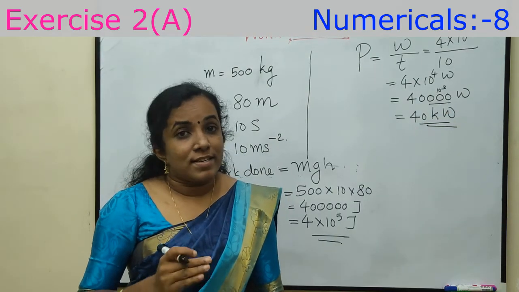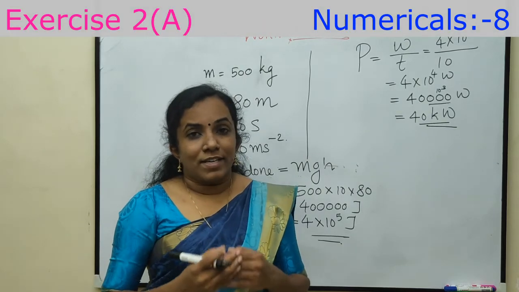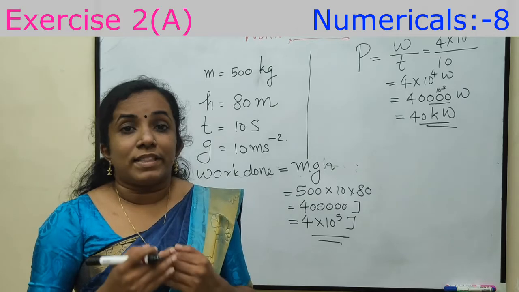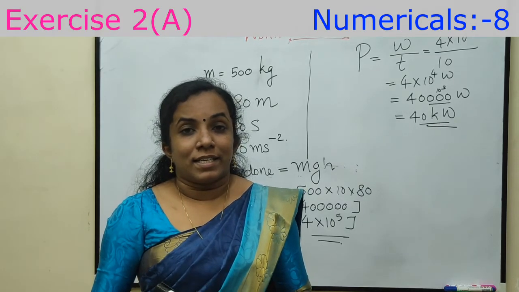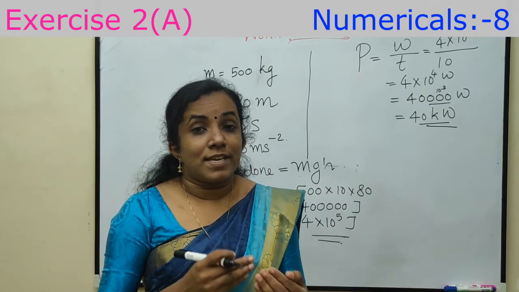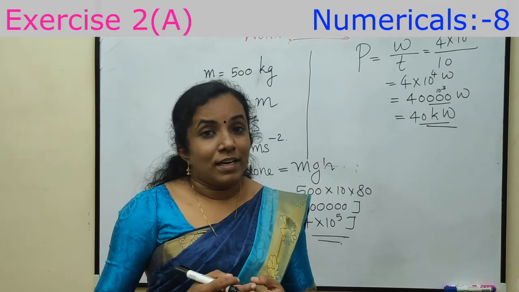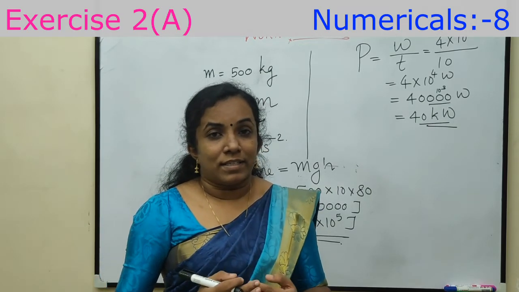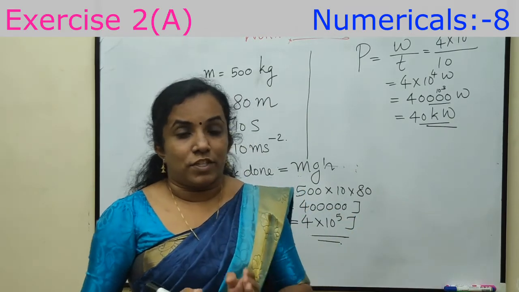The last section is what is the power rating. All the devices are rated with a power, which means the power of the appliance when the efficiency is 100%. Here it is written that this device is only 40% efficient.